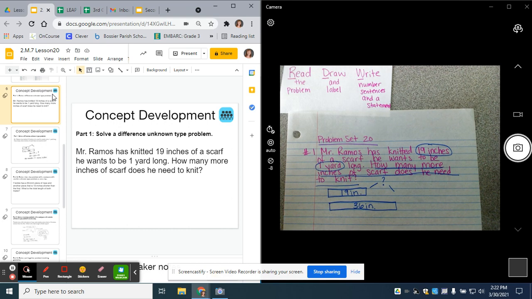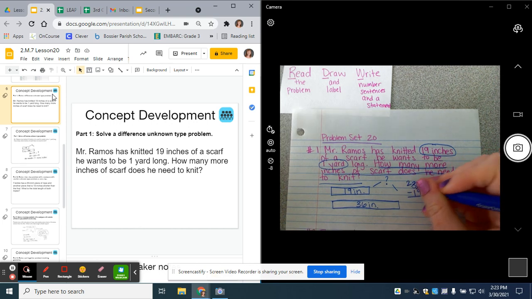We could use the basic subtraction, 36 minus 19. I look at my ones, got to decompose. Now I can subtract. That is 7 and that is 1. So 17 inches.